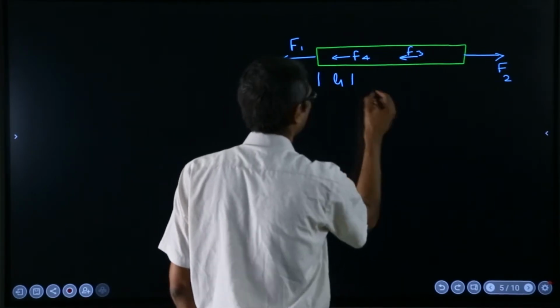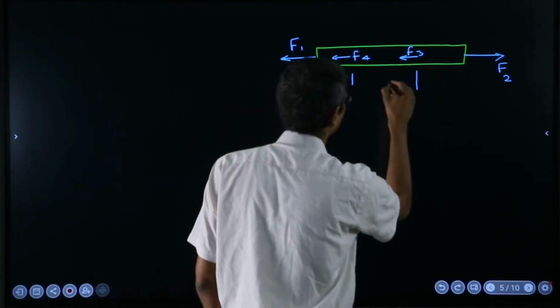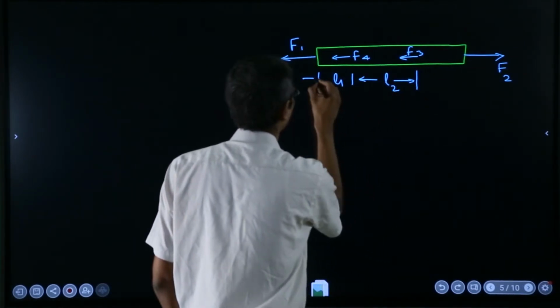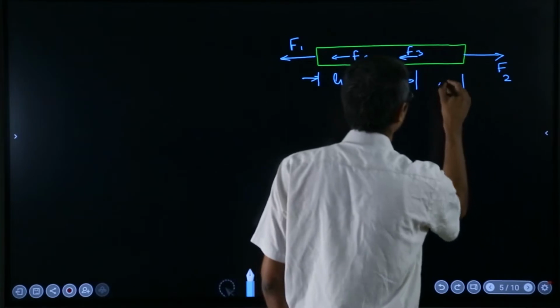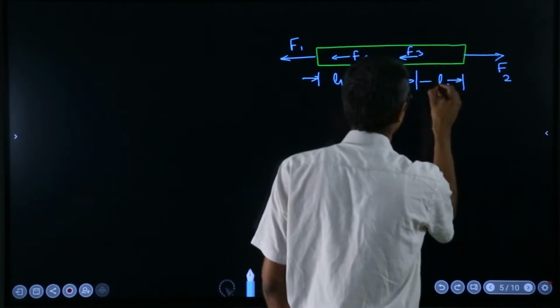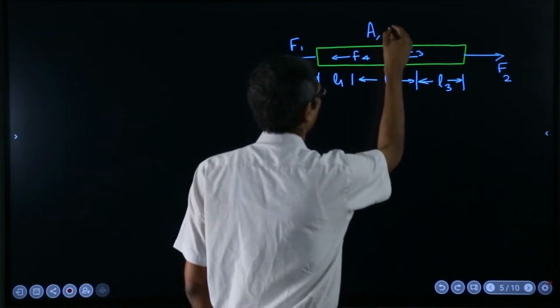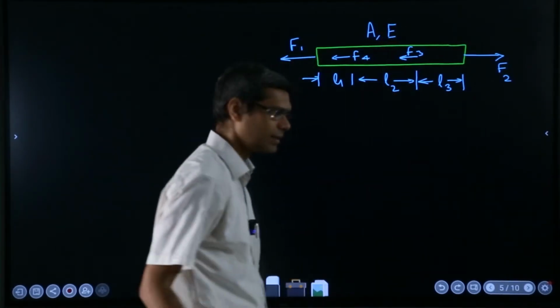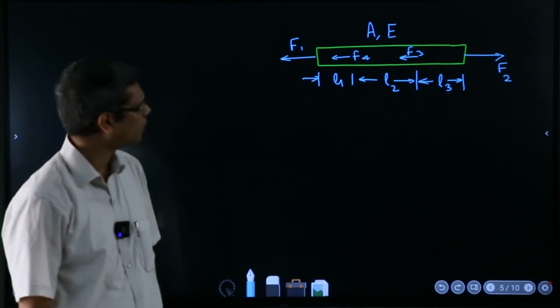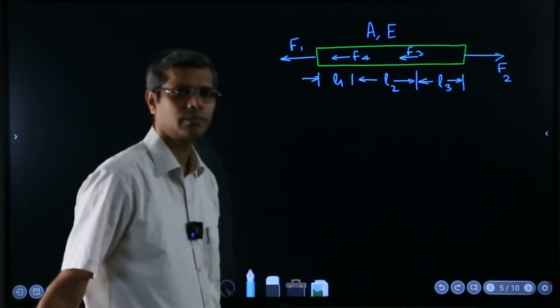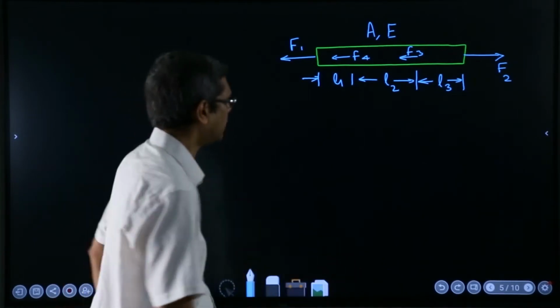Say here this is L1, here this is L2, and here it's L3. The area of cross section is A, and maybe the Young's modulus is Z for the whole of the bar, and we are supposed to find out the elongation, delta.